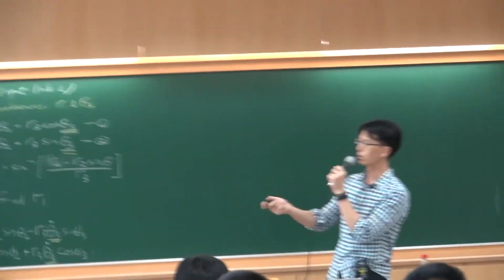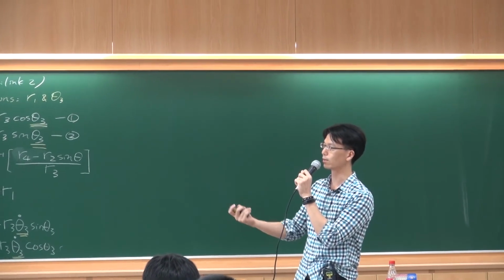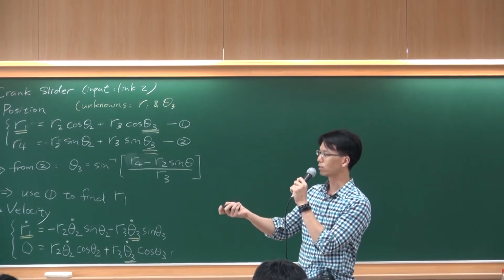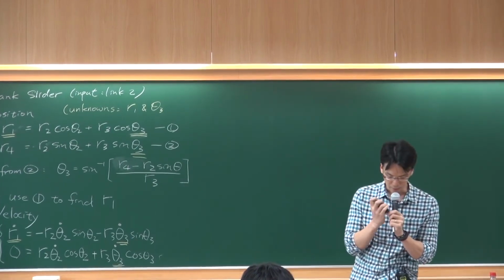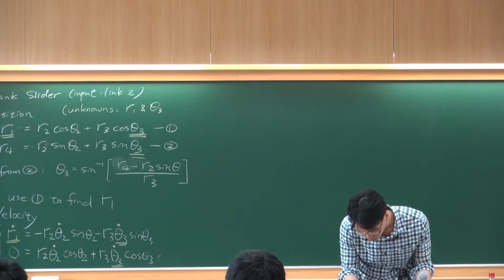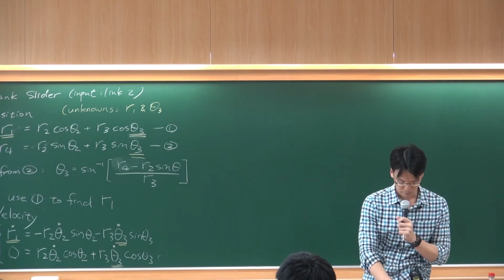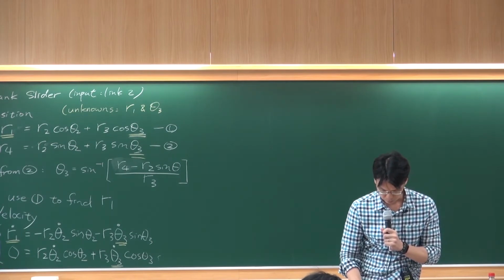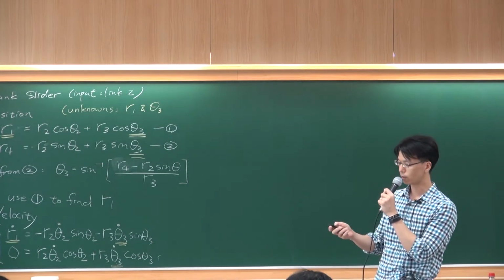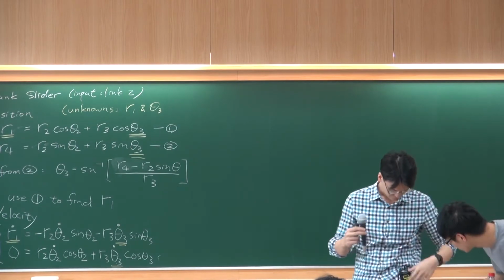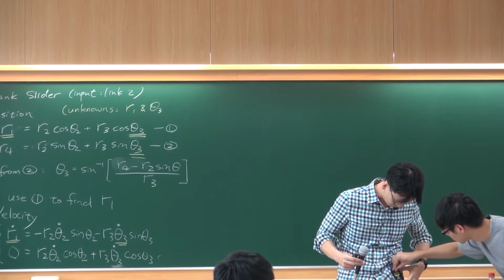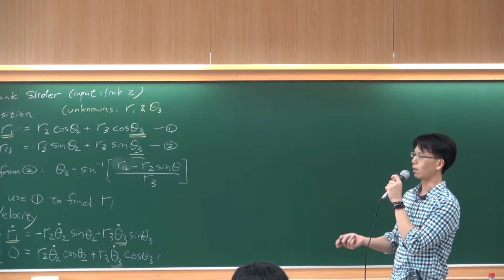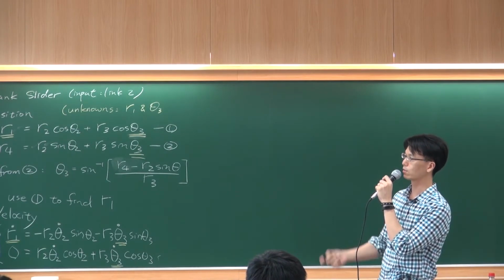Just a quick review. In order to perform a position, velocity, or acceleration analysis, when you see a mechanism, the first thing we do is... okay, so we always start with position analysis first.